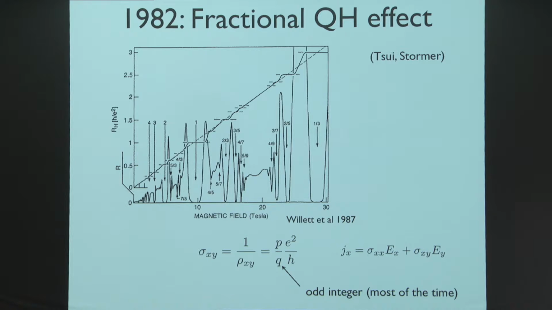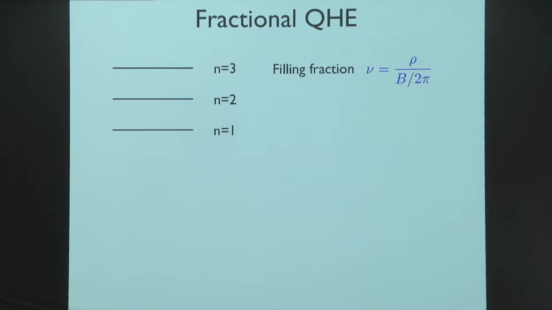In 1982, the fractional quantum Hall effect was discovered, in which you see non-trivial behavior of the system when the filling fraction is not an integer, but is a fraction. So we define the filling fraction as a ratio of the density of electrons over the density of states on one of these Landau levels.